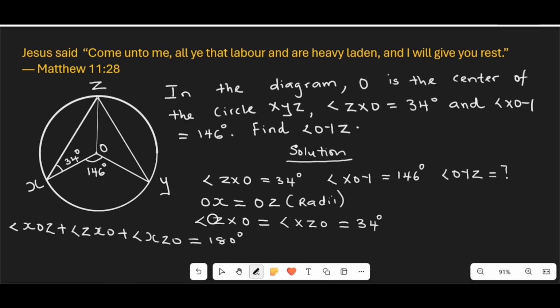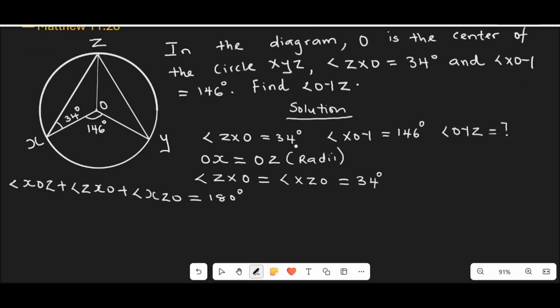So let us substitute the value of angle ZXO and angle XZO into this equation. So we are going to get angle XOZ plus 34 degree plus 34 degree equal to 180 degree.